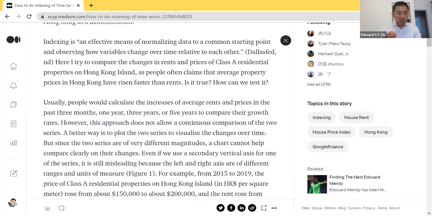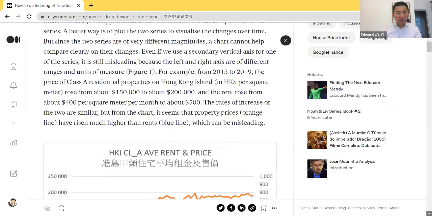But the question is, since the two series are of very different magnitudes, rent and price, a chart cannot easily compare their changes, even if we use a secondary vertical axis for one of the series, just like what I have done here.